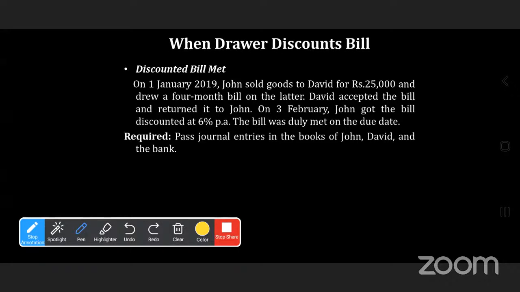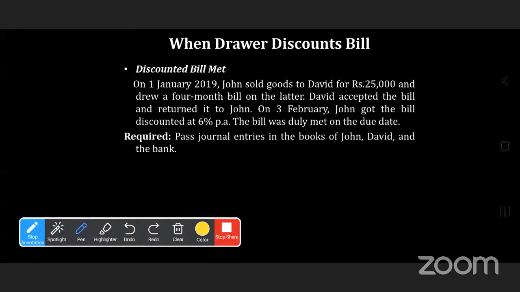So he may not get the full amount. The bank will discount at a certain percentage, that percentage will be deducted and the remaining amount will be given to the drawer.